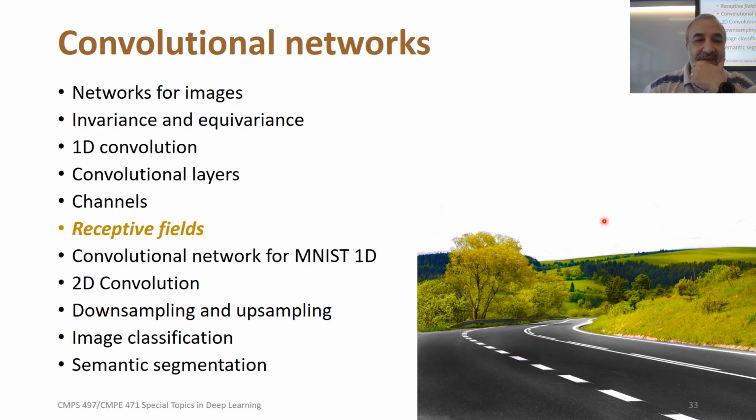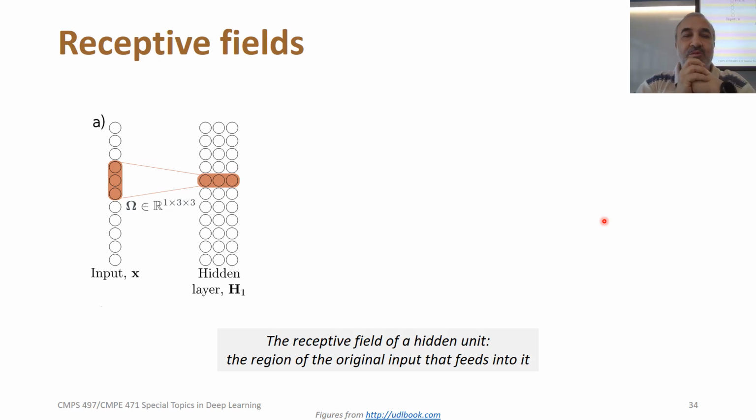Okay. Now, another concept. It's not an extension of the convolutions, but it's another very important concept called the receptive field. What do you mean by receptive field? Very simple. The receptive field of any hidden unit. What do you mean by hidden unit first?